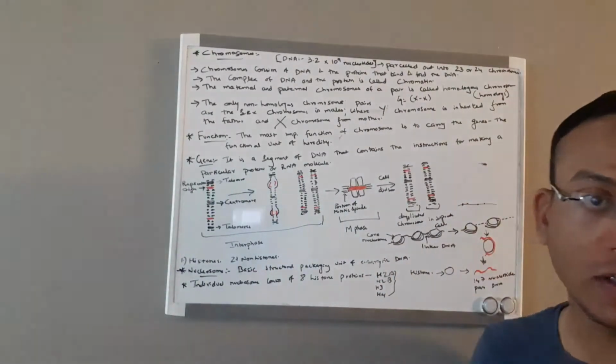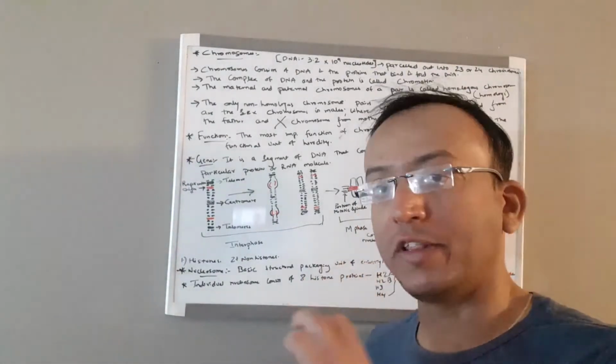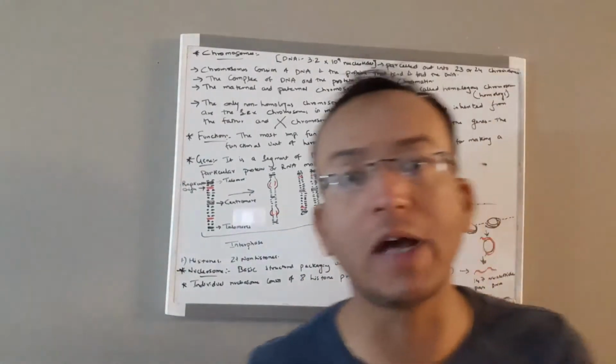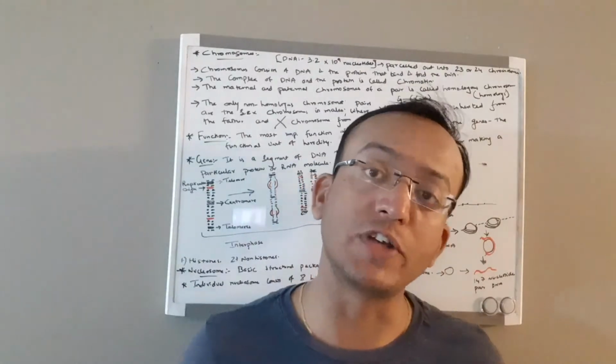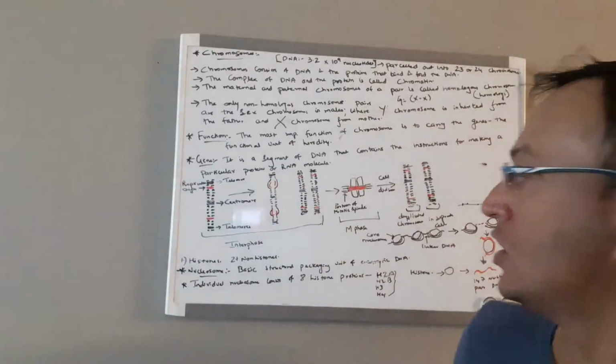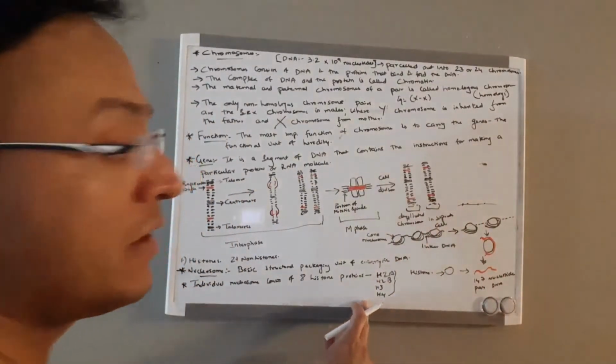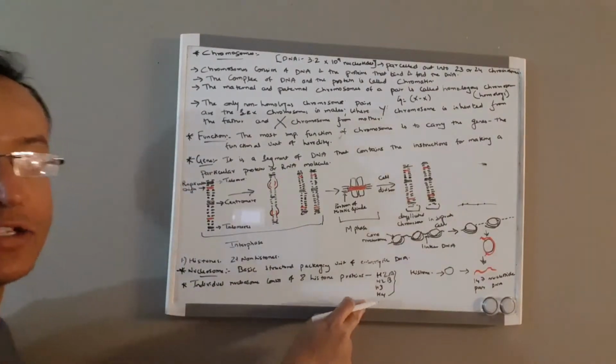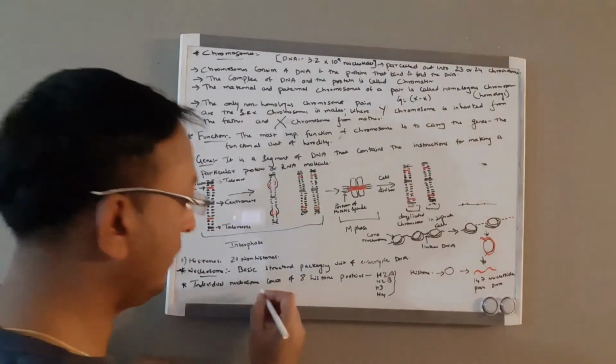The 8 proteins are relatively small proteins with a high proportion of positively charged amino acids, especially lysine and arginine.